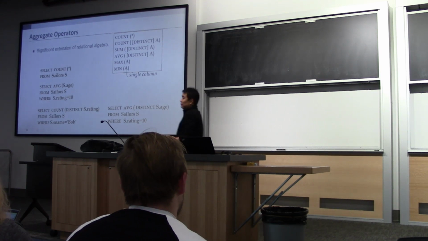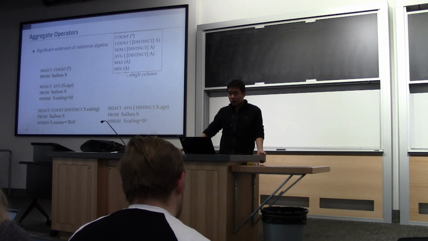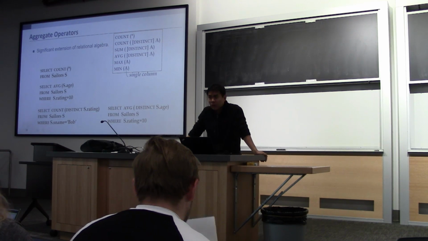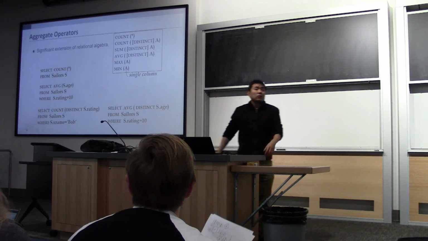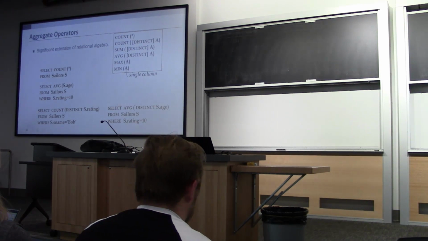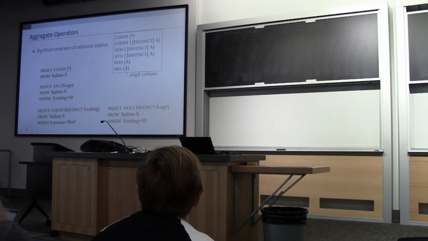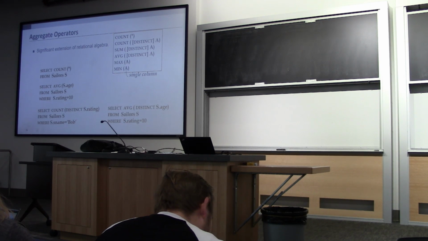Next, I'm going to talk about some of the advanced features in SQL. The first thing we want to do is aggregation, right? So this is one place where SQL advanced the features we have seen from relational algebra. In relational algebra, we notice that there is no aggregation operator at all.